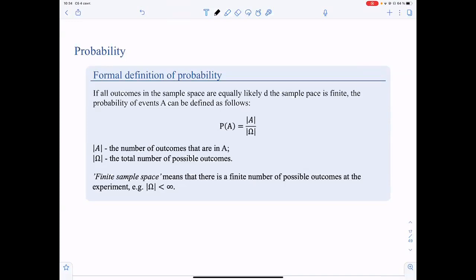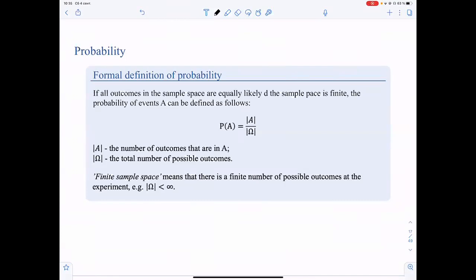Now we present a more formal definition: the probability of an event equals the power of the set A divided by the power of the sample space. And this was actually proposed by Kolmogorov.